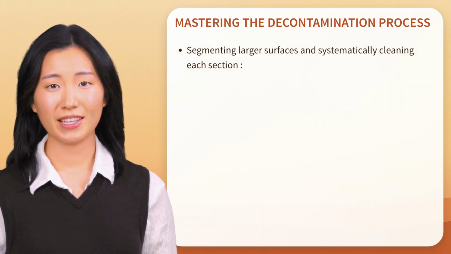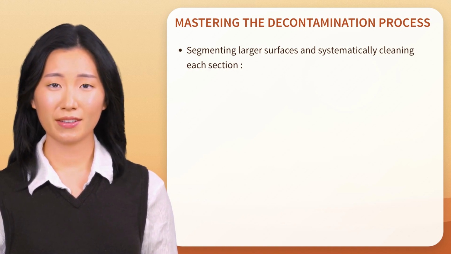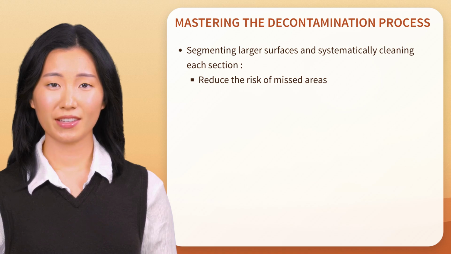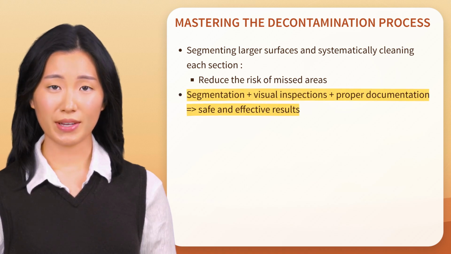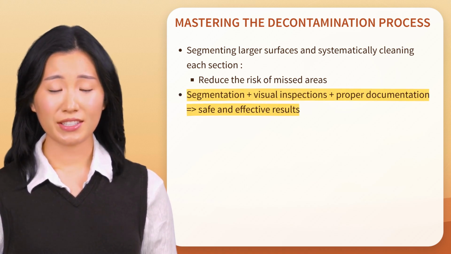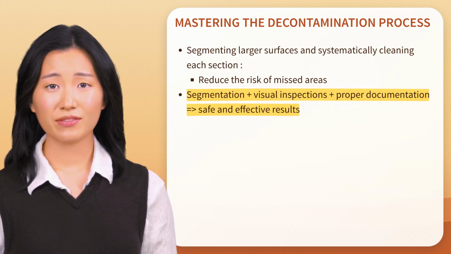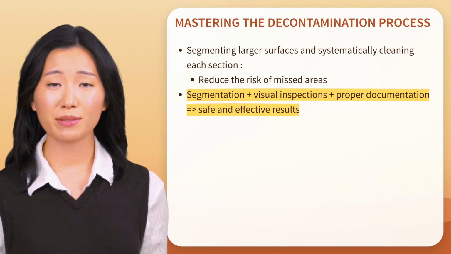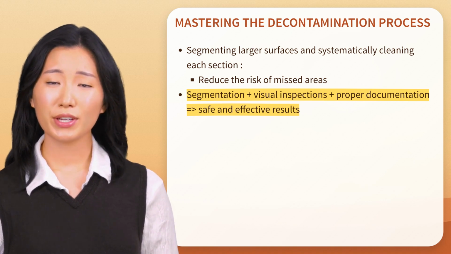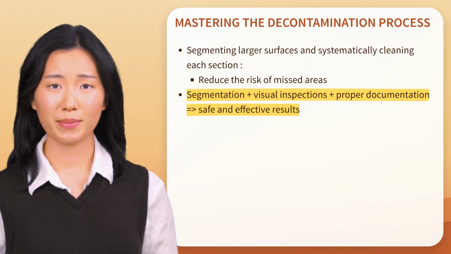By segmenting larger surfaces and systematically cleaning each section, you reduce the risk of missed areas. Combined with visual inspections and proper documentation, this method ensures safe and effective results every time. Next, we'll focus on the critical details that make decontamination effective.